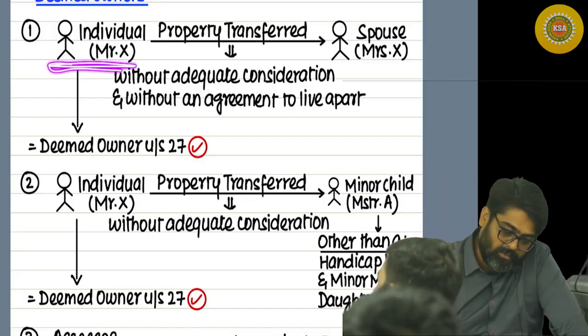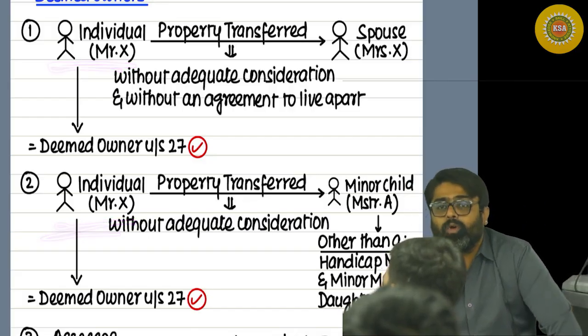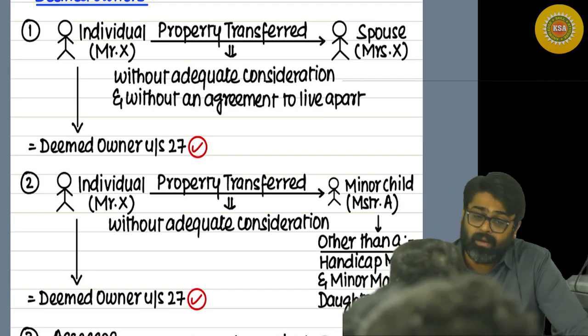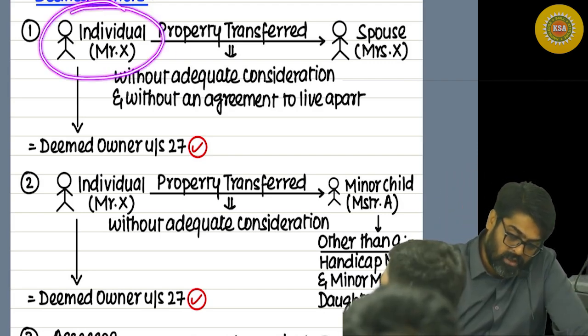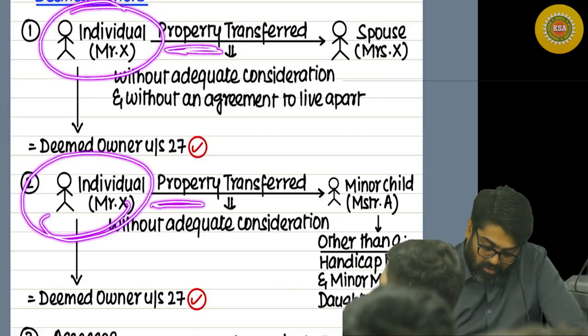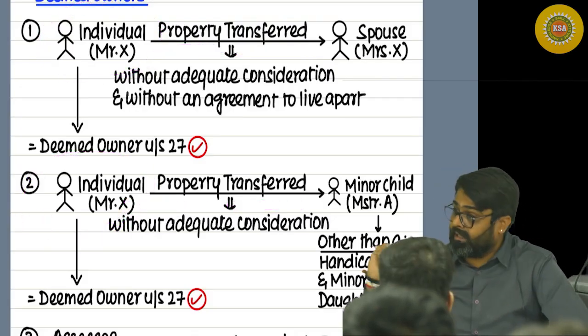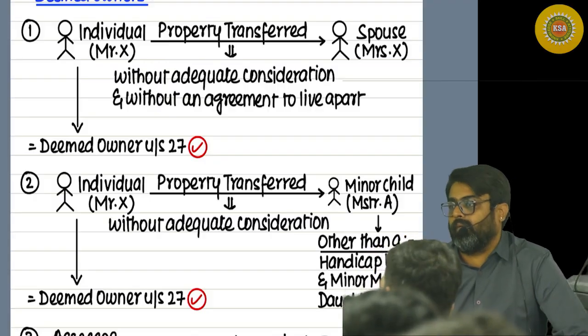Will the individual be treated as deemed owner? In order to be treated as a deemed owner, the individual should have a property which he is transferring. Only then the deemed owner concept will be applicable.